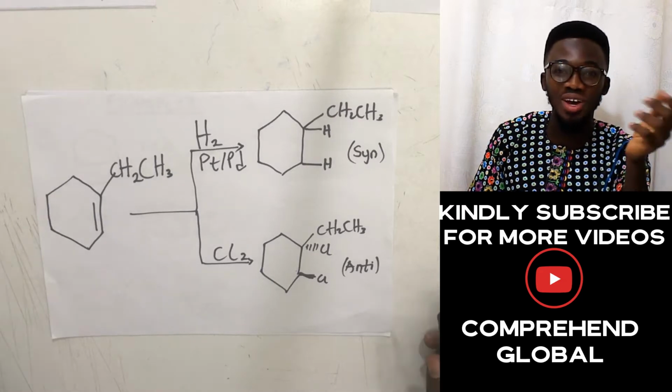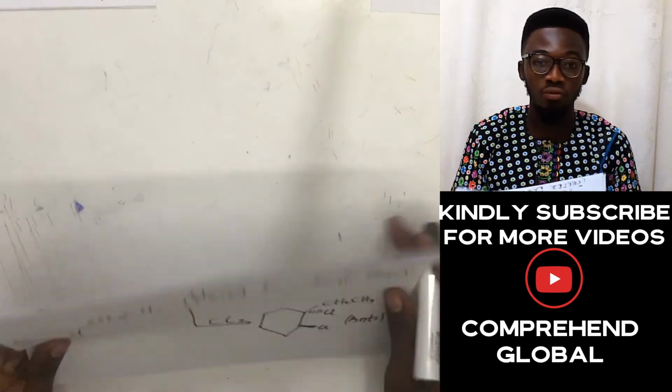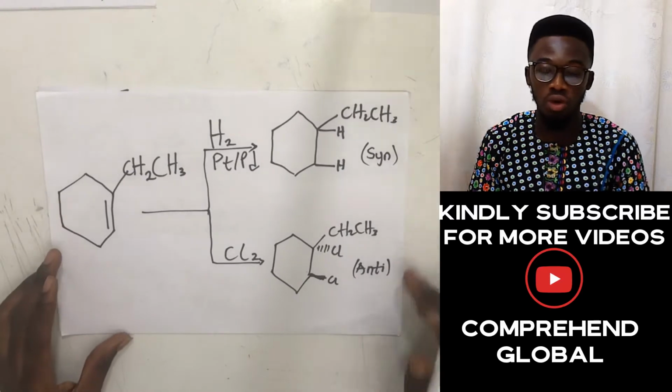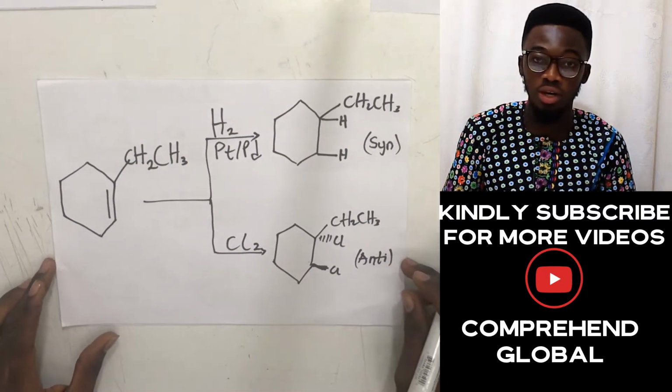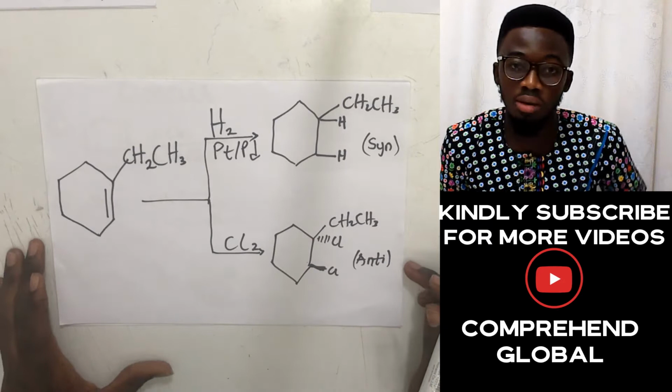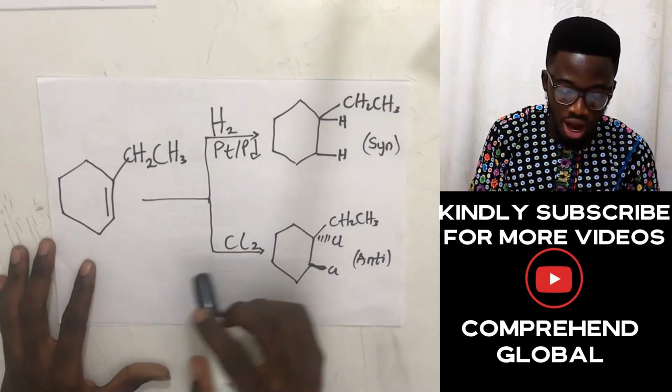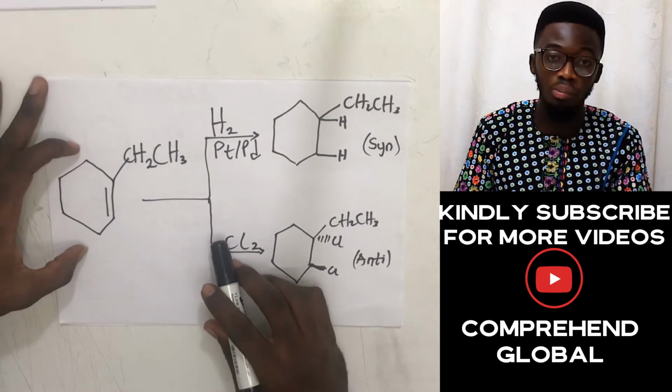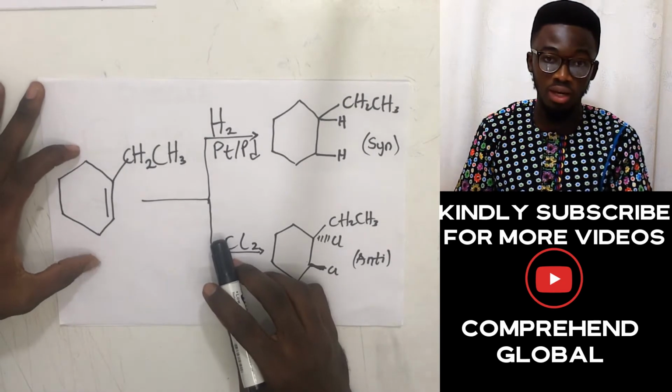In this video, we are going to go through examples of the reactions of alkenes that we covered in our first video. Before we start with the examples, let's look at a simple example that I have done here. We have this particular compound, which we can name.